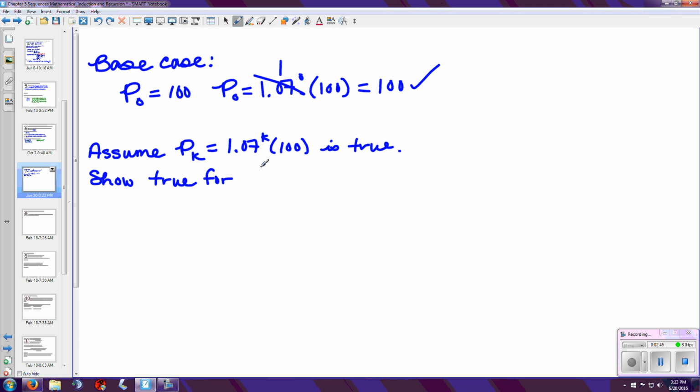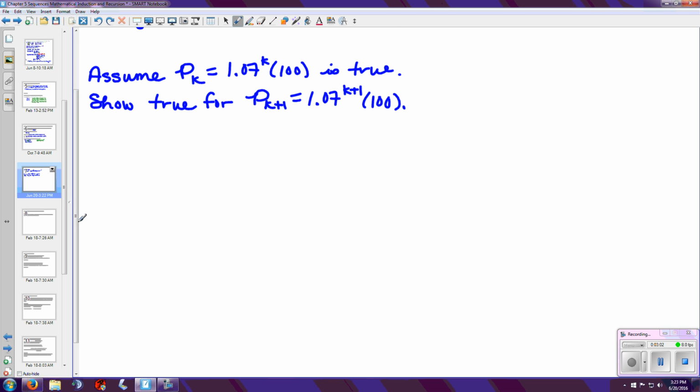So the k plus first term, just so we already have it here, P sub k plus 1 would be 1.07 to the k plus 1 times 100. So if we can make this fall out of our inductive step, we know that this equation will work no matter how many years we're compounding for.